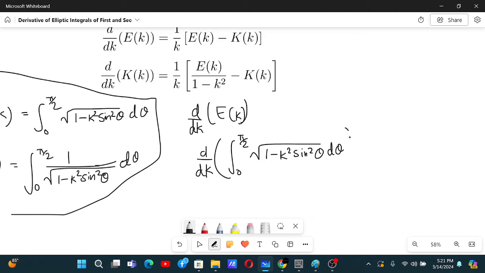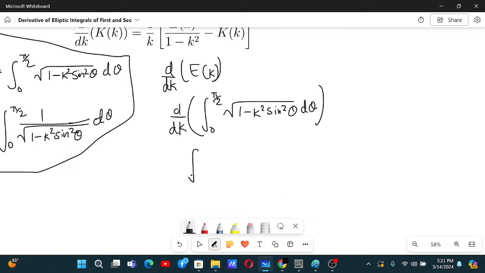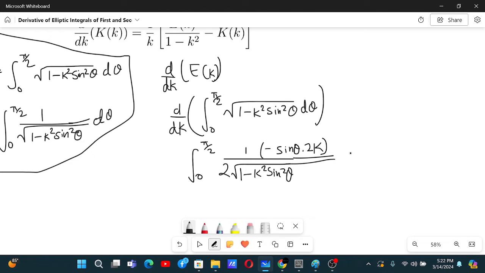Now since the integral is in the world of theta, this is just the partial derivative with respect to k, so we can take it inside and make a partial derivative with respect to k. So sine theta will be constant in that case, and if we differentiate, we have 1 by 2 root 1 minus k square sine square theta, and then minus sine theta is constant in front of k square. The derivative of k square is 2k, and then we have d theta.